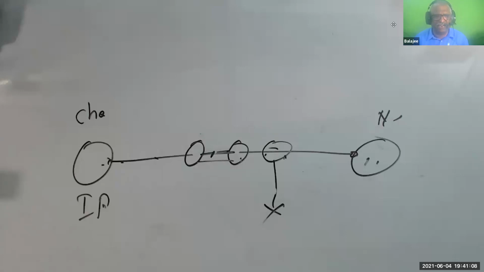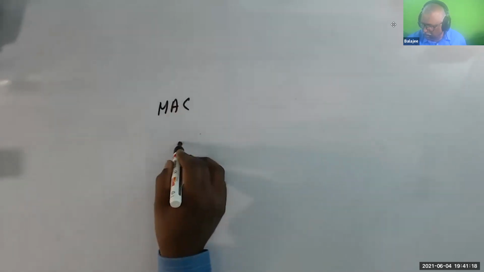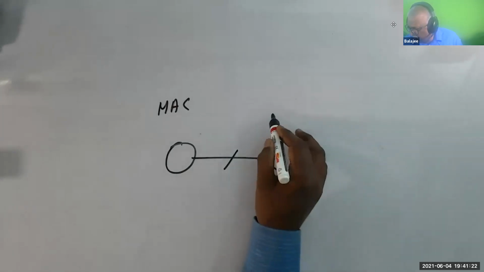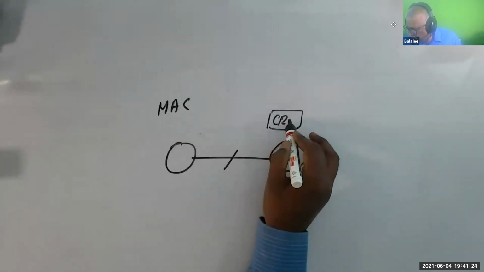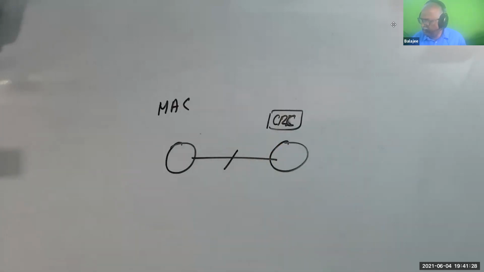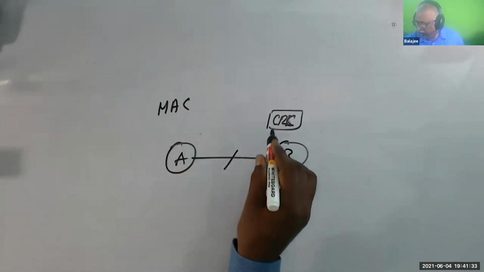Now, if you lose the packet, how do you find out? For that, we have to understand one important thing. First, MAC: I send it to the next guy. If my CRC is wrong, A will not tell B that I did not receive.